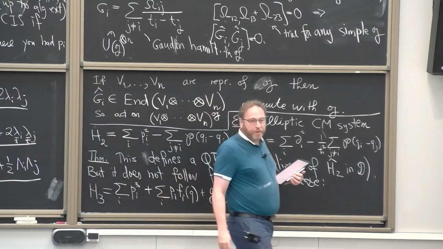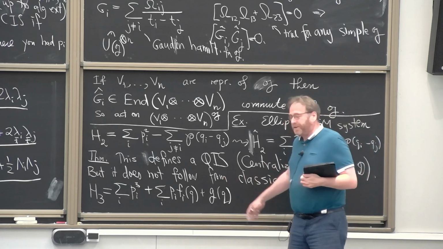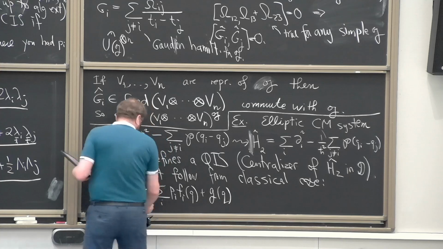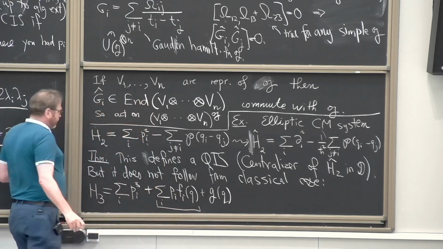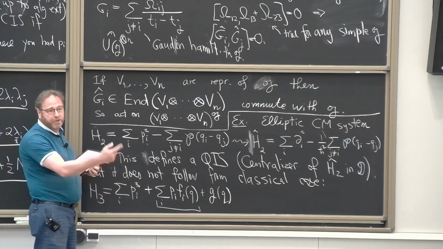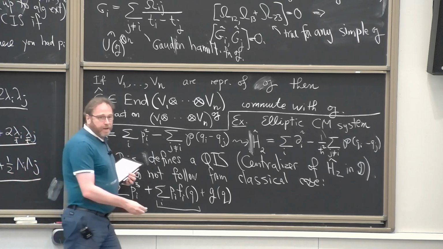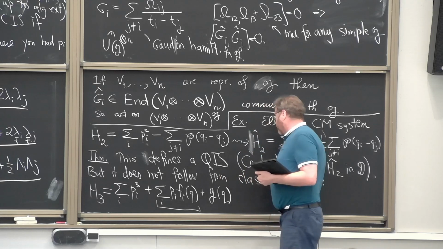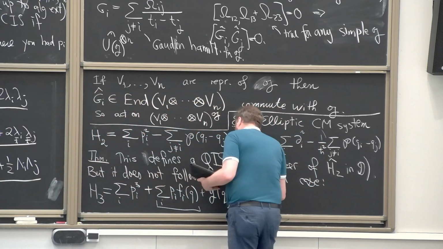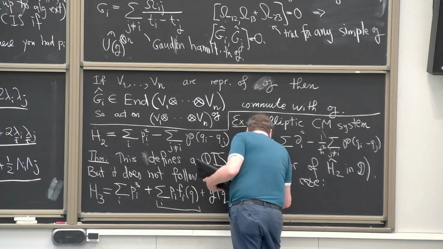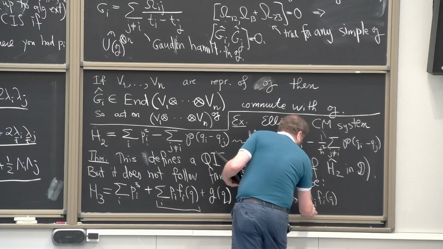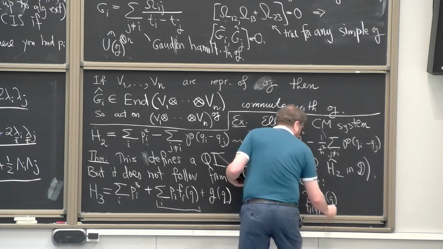One is not important, and the other, you still have to do the exercise. But in any case, you see that already here you're going to get this ordering problem. Do you put ∂_i on the left of this function, or on the right of this function, or some mixture of that? That will already affect the answer, and so there is no simple answer to this. So p_i times f_i of q should go to ∂_i f_i of q, or f_i of q times ∂_i, or something else.